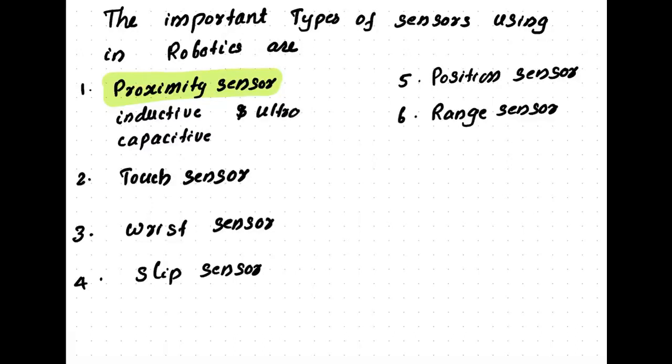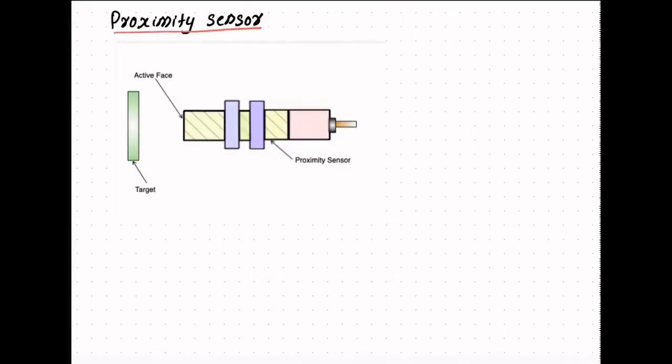inductive proximity sensor, capacitive proximity sensor, and ultrasonic sensor. So before going into detail about the different types of proximity sensors used in robotics, we can look at what a proximity sensor is.